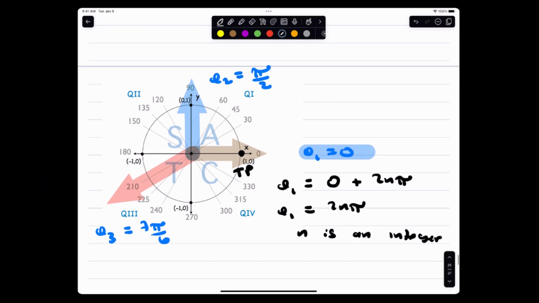What about theta 2, ladies and gentlemen? For theta 2, don't you do the same thing? Here's that terminal point. How are you going to get every solution? You rotate 360 degrees.